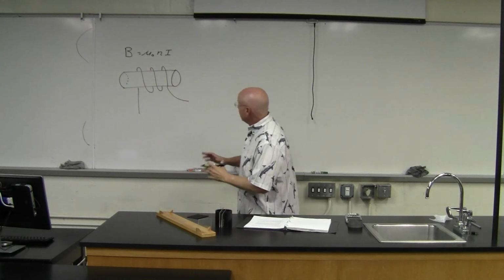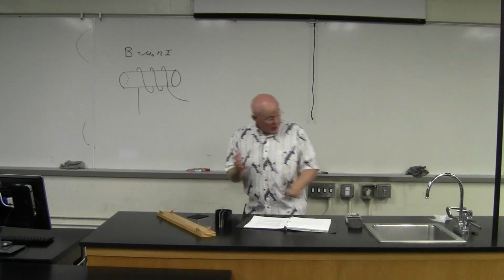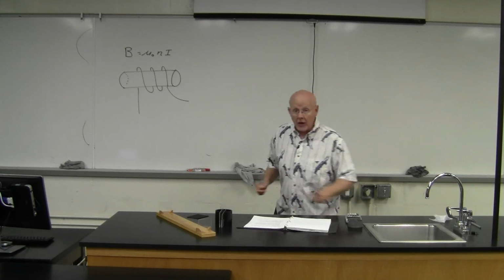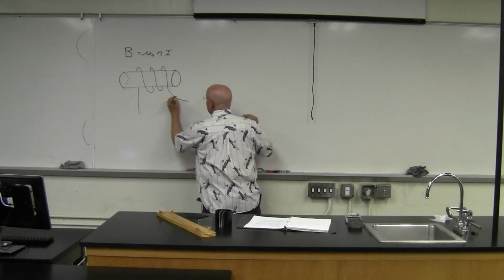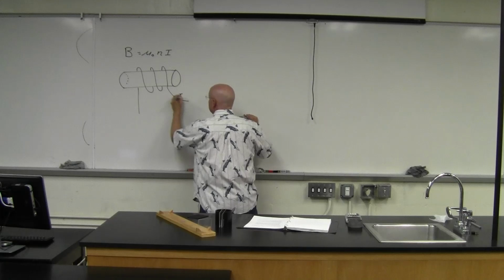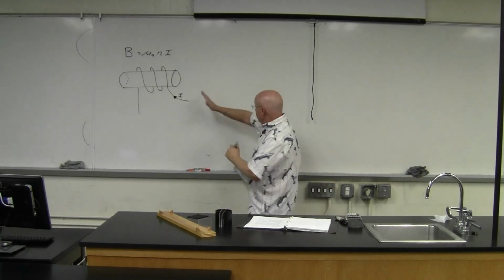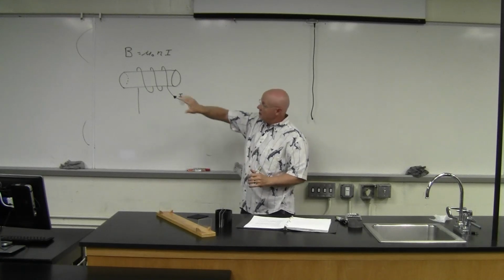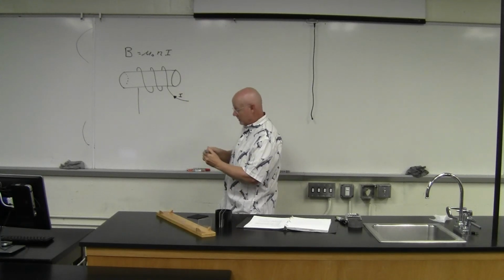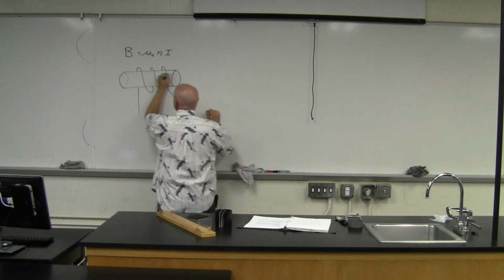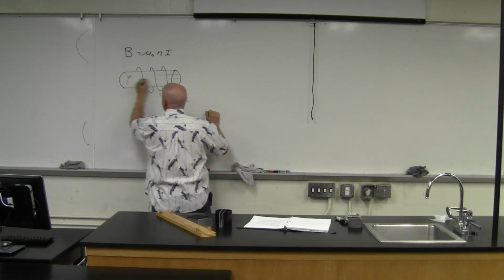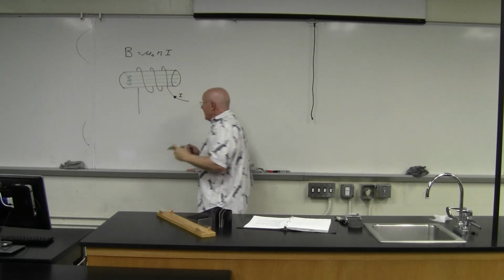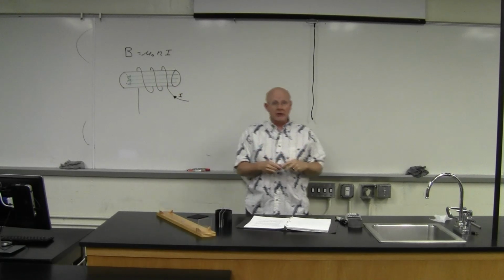Depending on which way you run the current, and maybe I'll run the current this way in my diagram, here's the current I. Standing over here to the right hand side and looking in, I would see a clockwise direction, and taking my right hand and curling it, I would get a very strong magnetic field, and I should say uniform magnetic field in the interior parts of this solenoid.